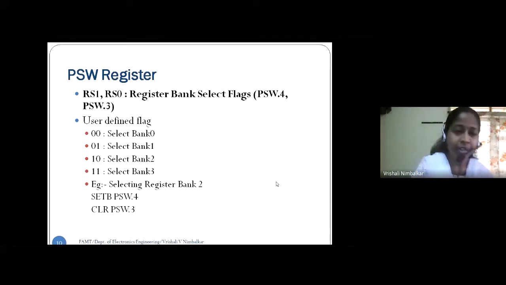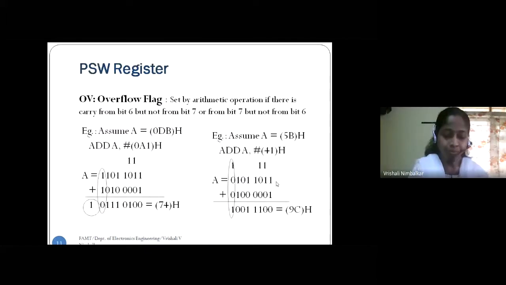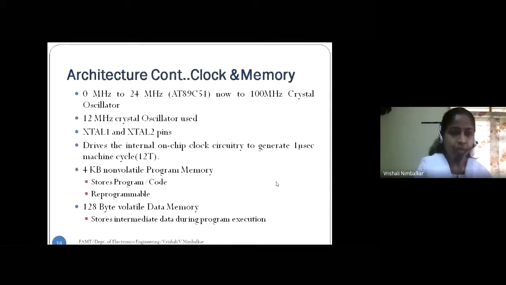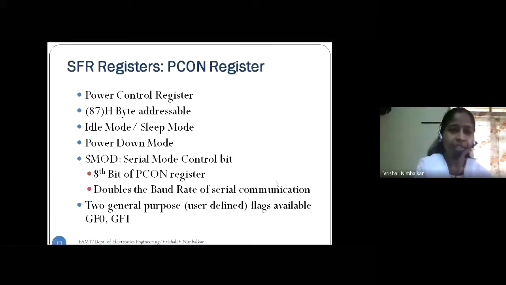We are towards the end of the architecture. We will go to the last special function register, that is PCON register, which is power control register. Correct? Now from the name itself, it is used to lower the power dissipation of the microcontroller.